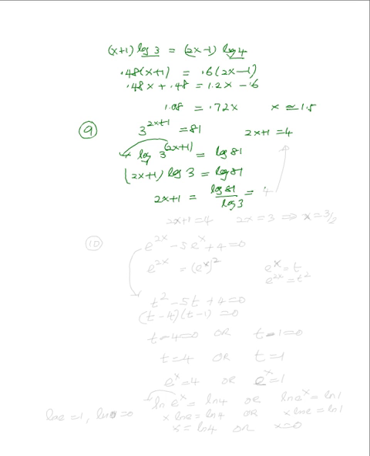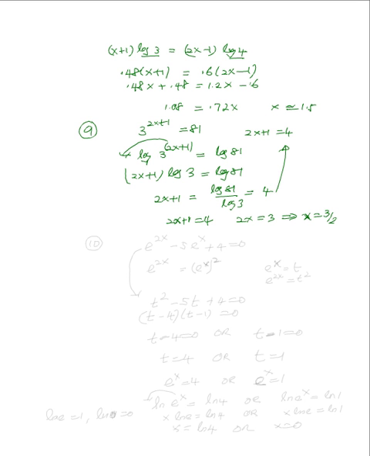Now, that will equal 4. So we will come to the same equation as we had before. So we will have 2x plus 1 equals 4. So 2x equals 3. So x becomes 3 over 2. So we could use this idea even for the previous problem. That's the point that I'd like to make here.